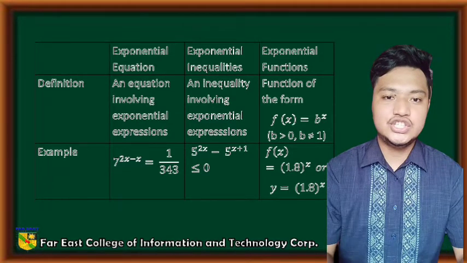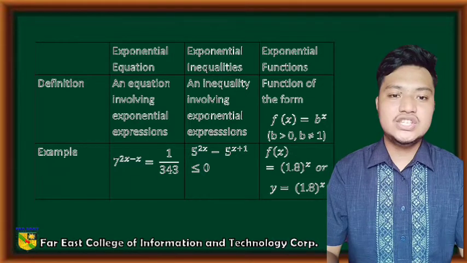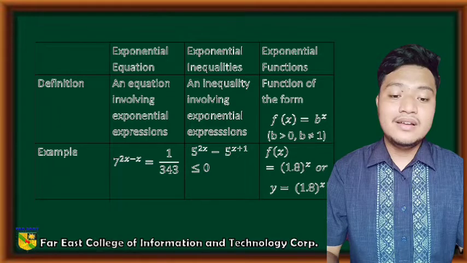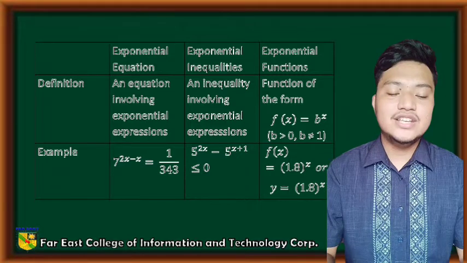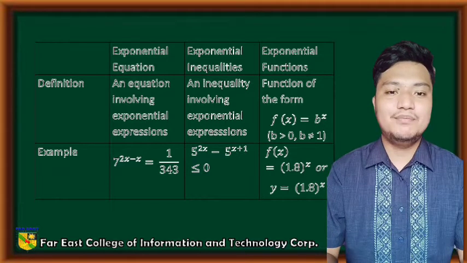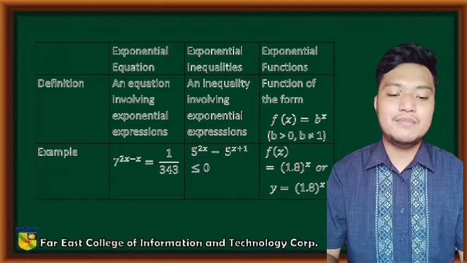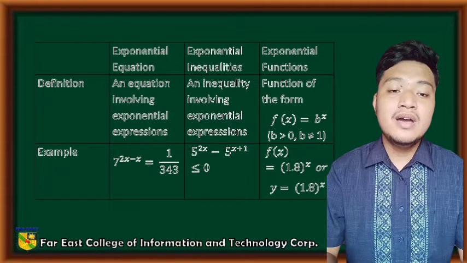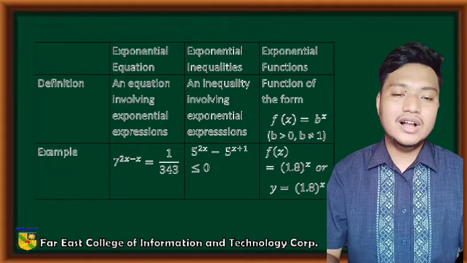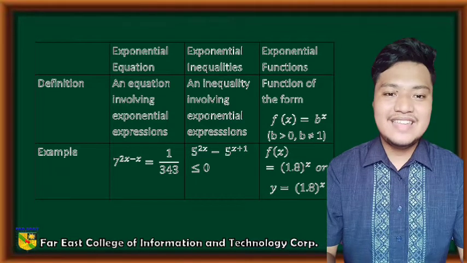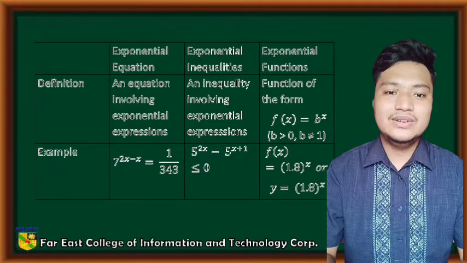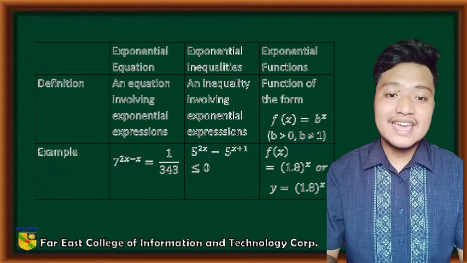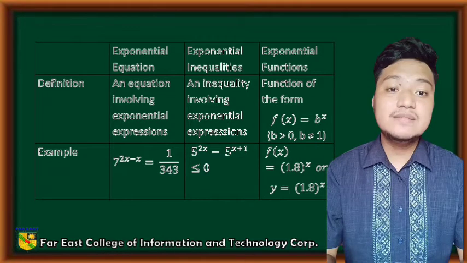Next is the exponential inequality. An inequality involving an exponential expression. For example, 5 to the 2x minus 5 to the x plus 1 less than or equal to 0. So, before natin identify kung ito ba ay exponential inequality, tingnan natin kung ito ba ay exponential expression.